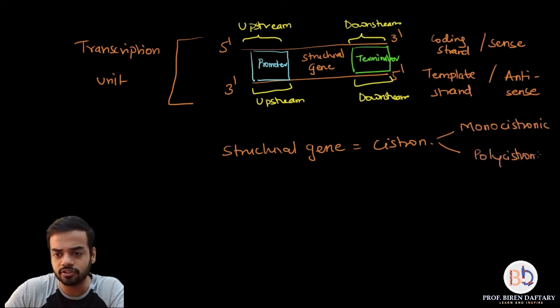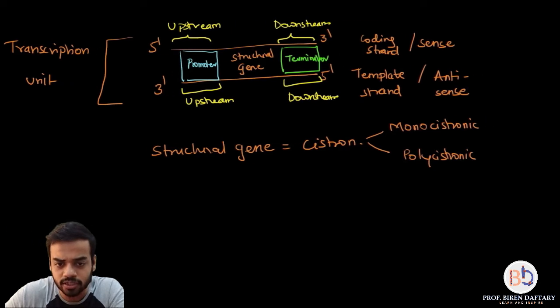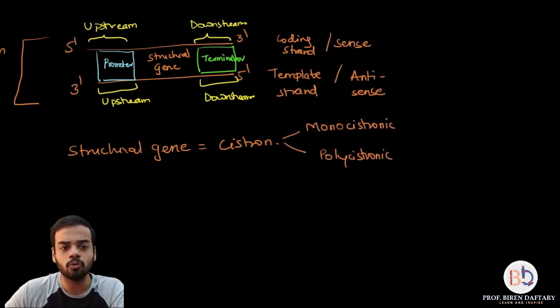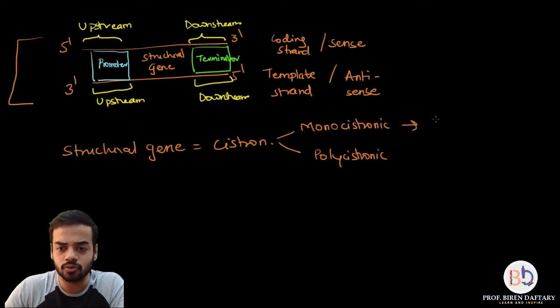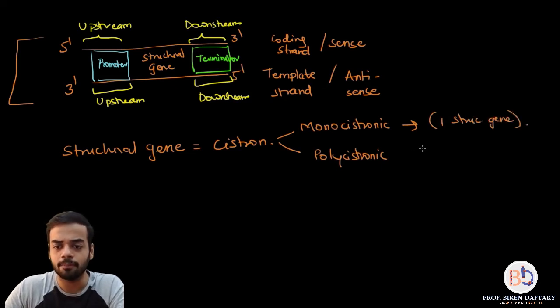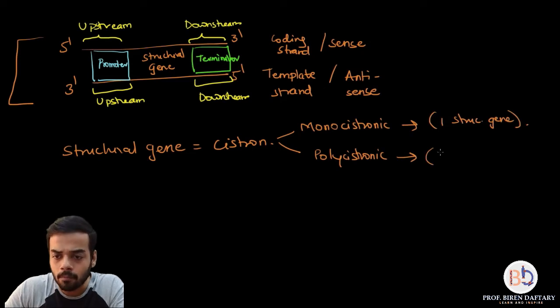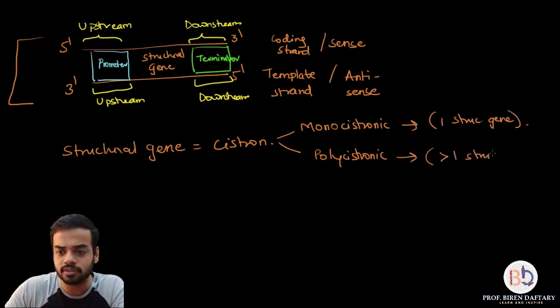What is the difference between monocistronic and polycistronic? Monocistronic genes are the genes in which only one structural gene is present, and polycistronic means there are more than one structural genes present.